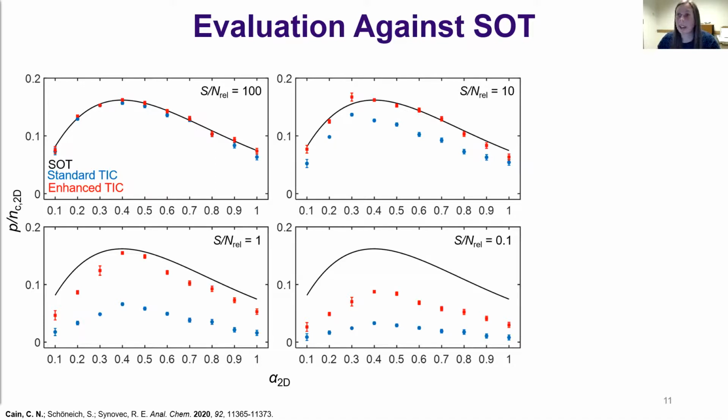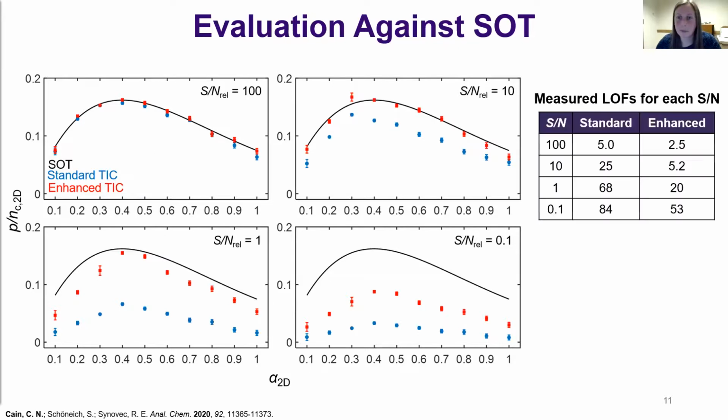Again, we can use a lack of fit metric to describe how well statistical overlap theory fits the data for both our standard tick and our enhanced tick. Those values are shown here, where at a signal to noise ratio of 100, our standard and enhanced tick have very low lack of fits. And then as we get down to a signal to noise ratio of 10, that is when our standard tick starts to deviate in the number of peaks predicted from statistical overlap theory, while our enhanced tick still performs well.